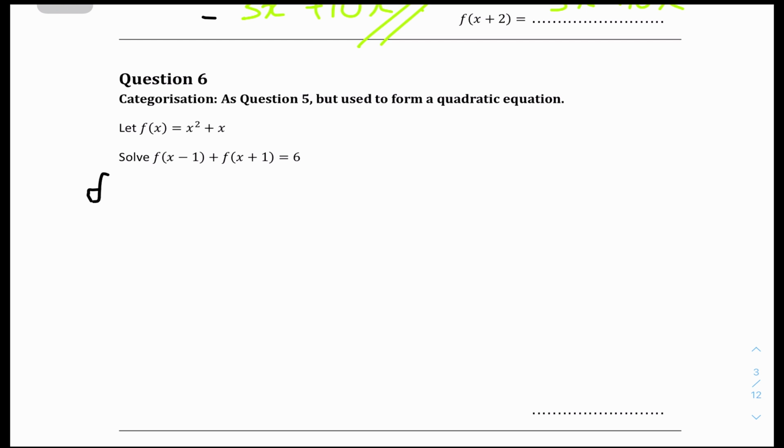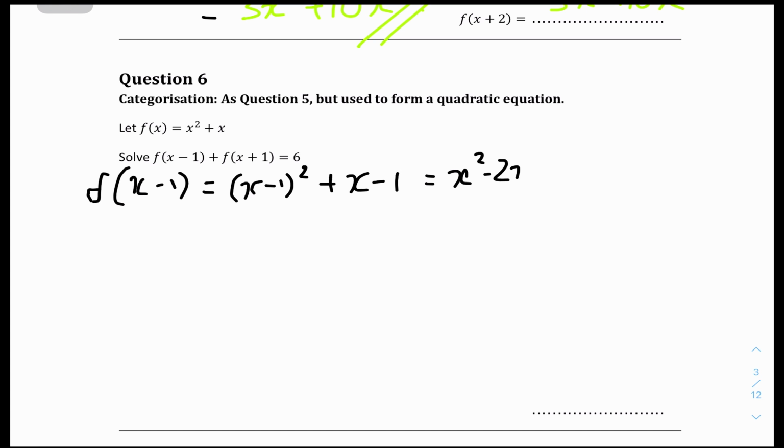So f of x minus 1 is basically (x minus 1) squared plus x minus 1. If you expand it out, it'll be x squared minus 2x plus 1 plus x minus 1. You can simplify the 1 and minus 1, and minus 2x plus x is minus x.